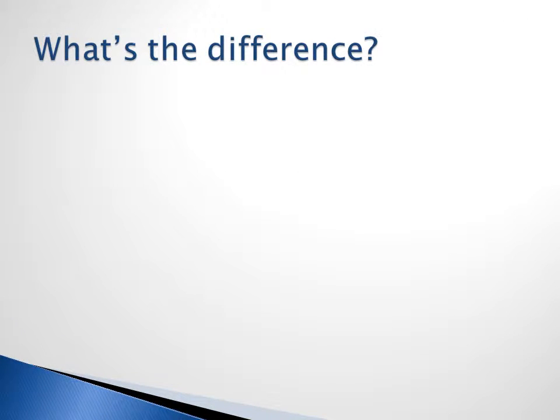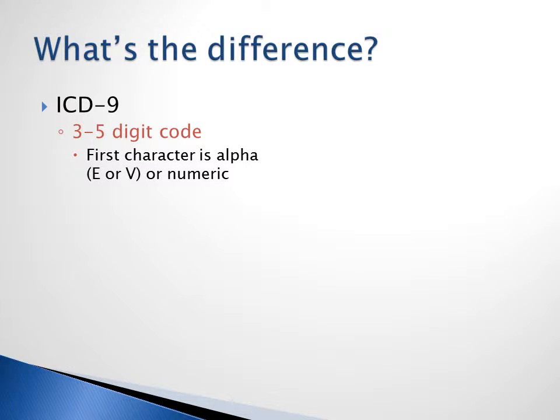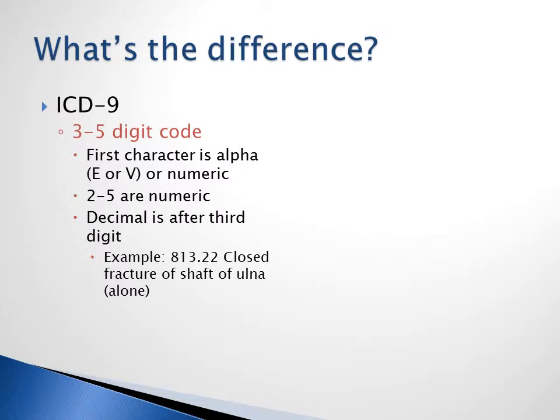So let's take a closer look at the coding structure differences between the two systems, ICD-9 and ICD-10. ICD-9 is a 3 to 5 character code. The first being alpha, E or V, which is our late effects or accident codes. 2 through 5 are numeric, with the decimal after the third digit.